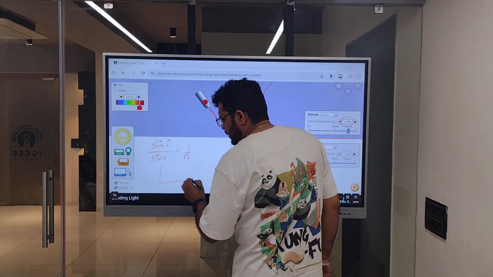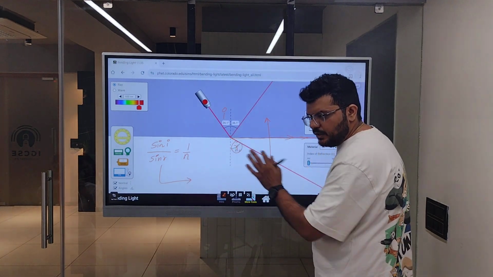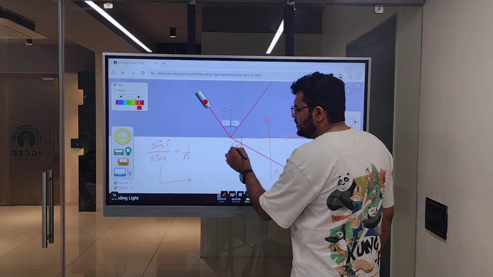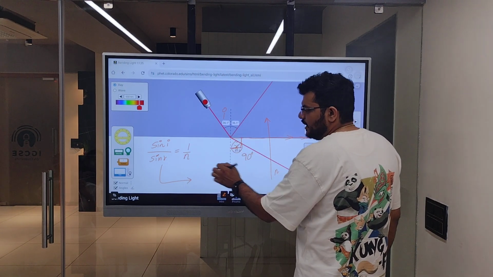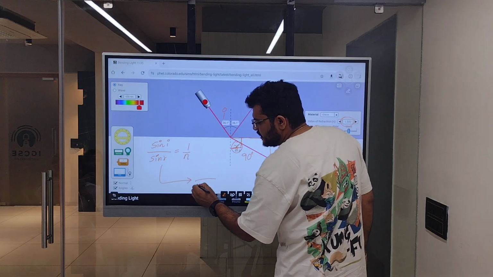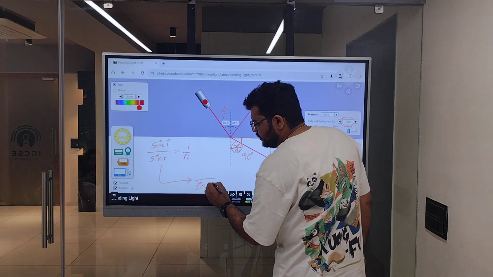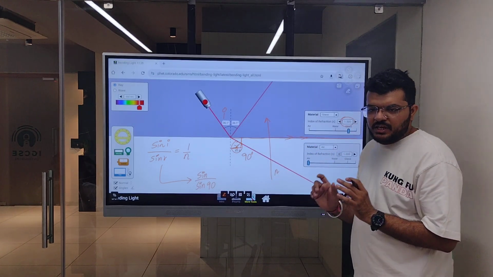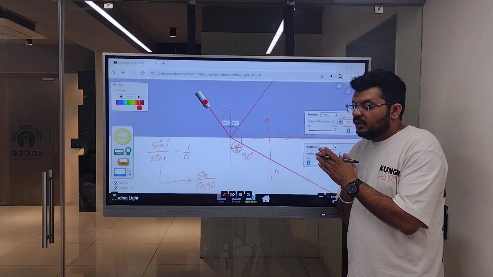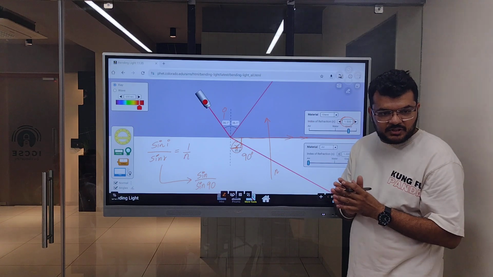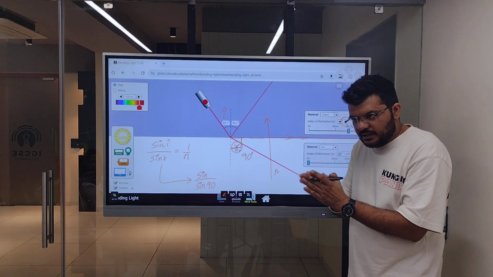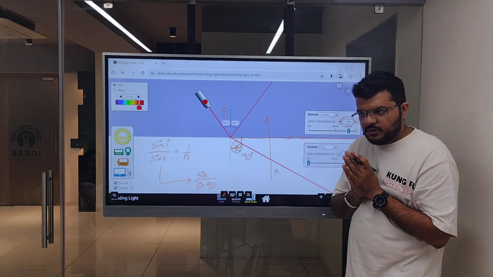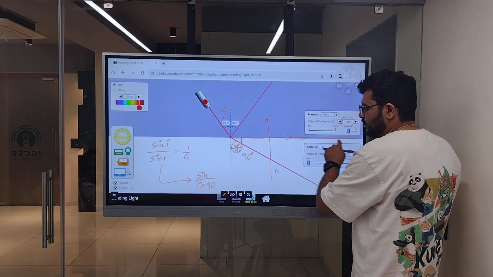Now let us add some values to this 1 by n. Do you all agree that exactly when this is 90 degrees, I can write the denominator as sin 90? Now for the numerator, is this a special angle at which no refraction is taking place? In fact, the ray of light passes through the plane of separation. This yellow line, what is this?